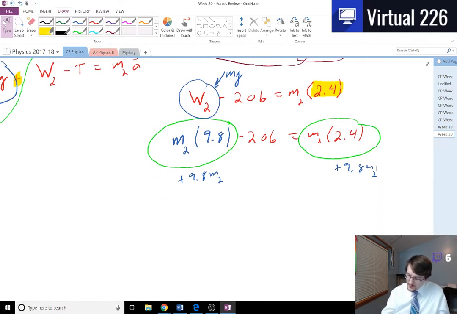And if we do that, oops, we're actually subtracting. I'm sorry, I made a boo-boo. We're subtracting here, kids. We're subtracting 9.8 from each side.